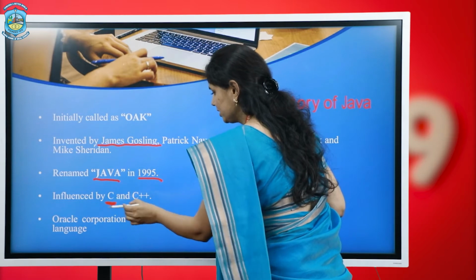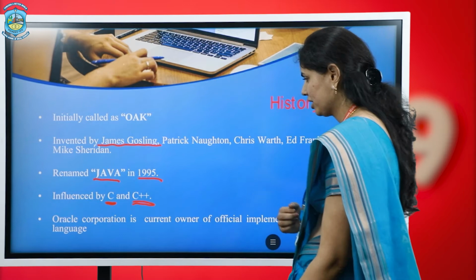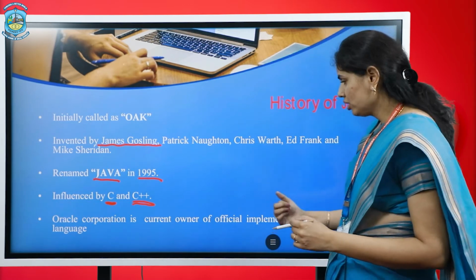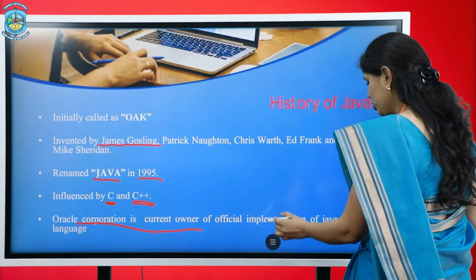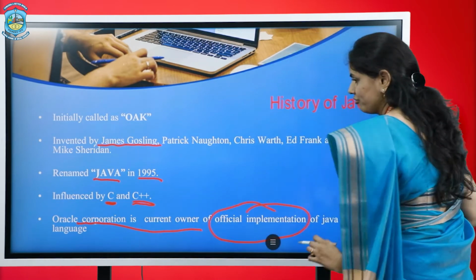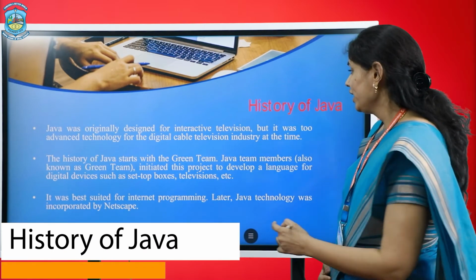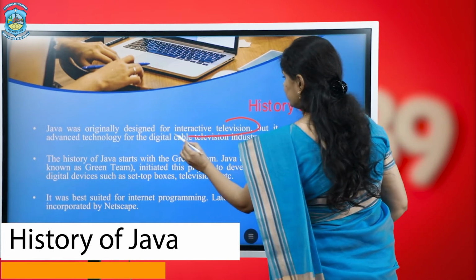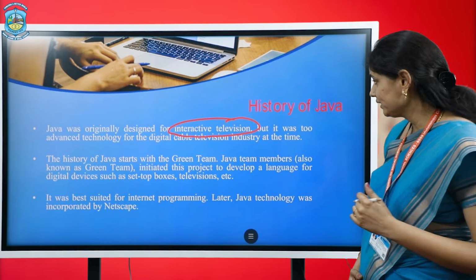C is a procedural language while C++ is an object oriented programming language. Oracle Corporation is the current owner of the official implementation of the Java language. Java was originally designed for interactive television, but that technology was too advanced at that time.